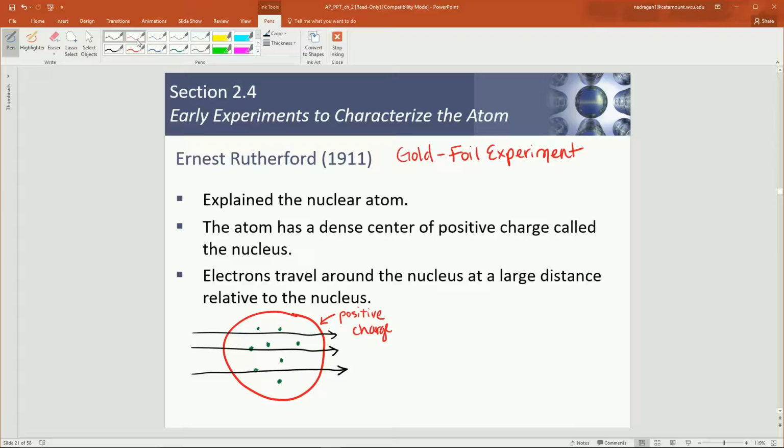But in Rutherford's experiment, he found that some of the alpha particles, which are positively charged, were deflected.